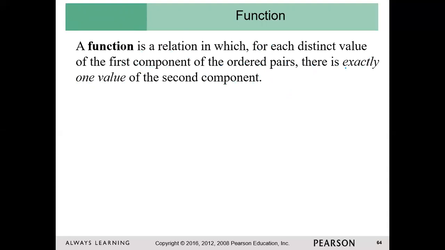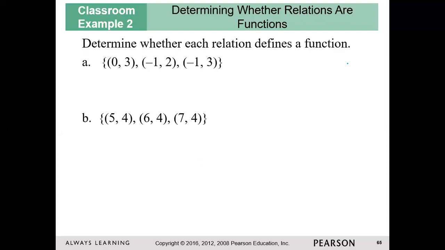So there's only supposed to be exactly one value for the second component for every single one of those first components. So if you have this, again, a set of ordered pairs, you have 1, 5, and then you have 1, 7. This is still a relation. It's still a set of ordered pairs, but it is not a function because the x values are going to 2 different y values, all right? And you're only supposed to have exactly one value, okay?